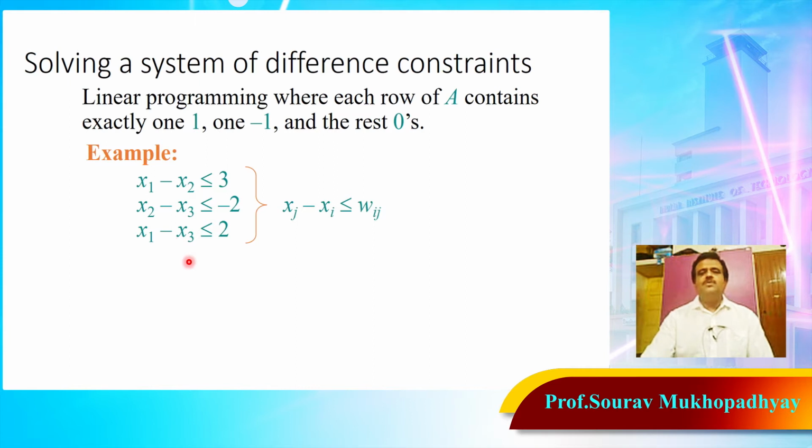For Bellman-Ford we need to build a graph. Now, the question is how we can build a graph from these inequations. We can think that each inequation gives us an edge. How? This is the general form of any inequation: xj minus xi is less than or equal to wij. This will give us a graph like this.